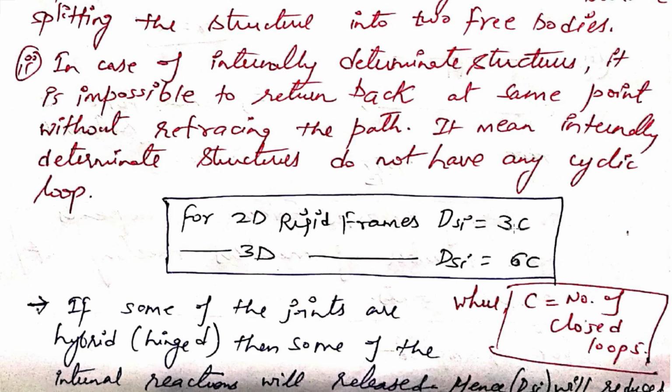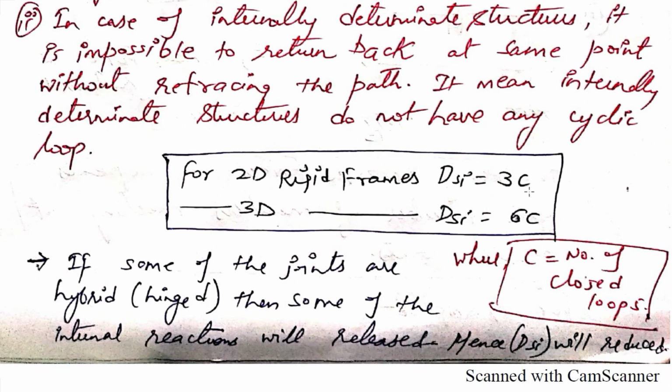So this is the formula you have to keep in mind. And what is C? C is the number of closed loops. If I have one closed loop, then the C value is 1, and if I have two closed loops, then the C value is 2.